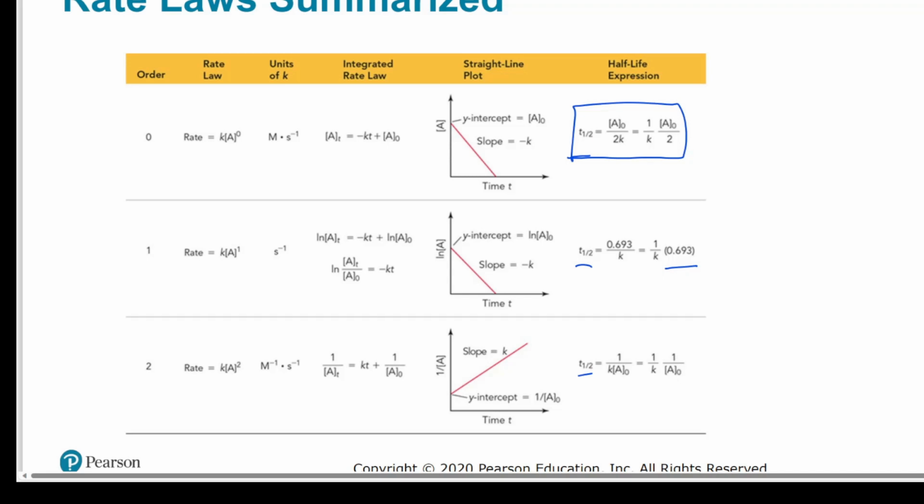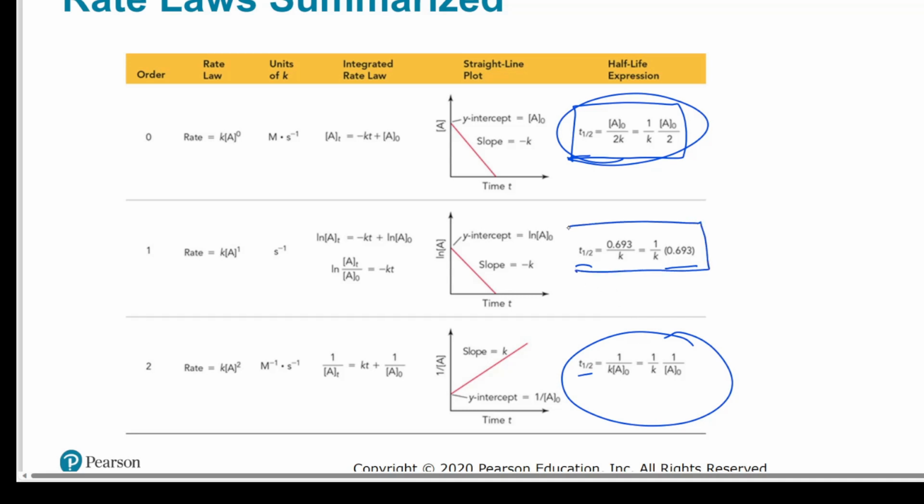So notice that for the zero-order reaction and the second-order reaction, our half-life is dependent upon the initial concentration, but for a first-order reaction, the half-life is independent of the initial concentration.